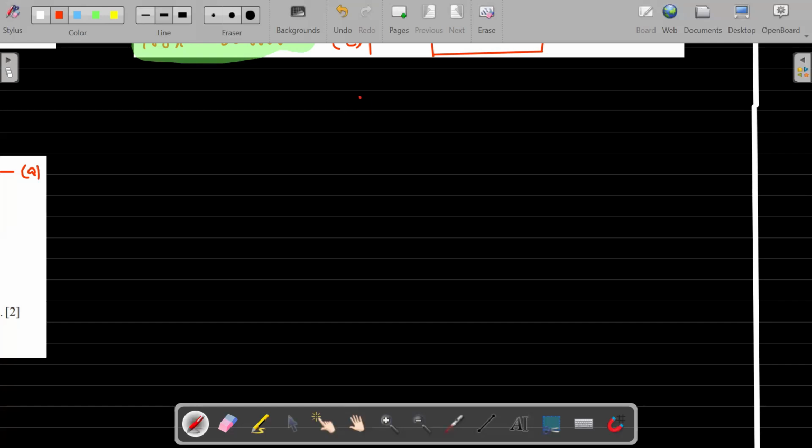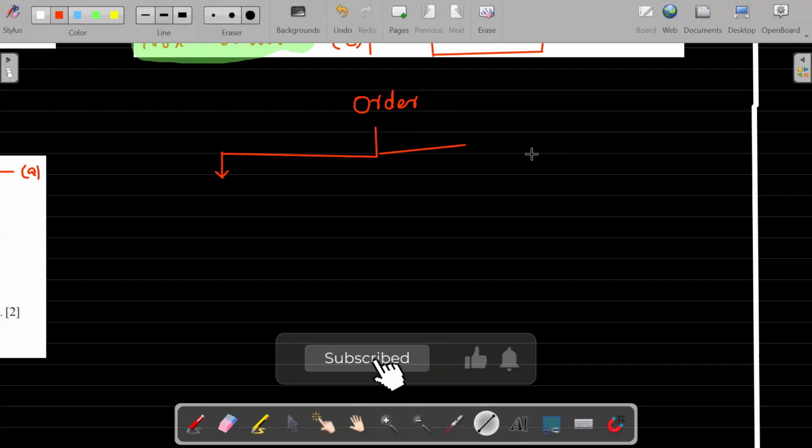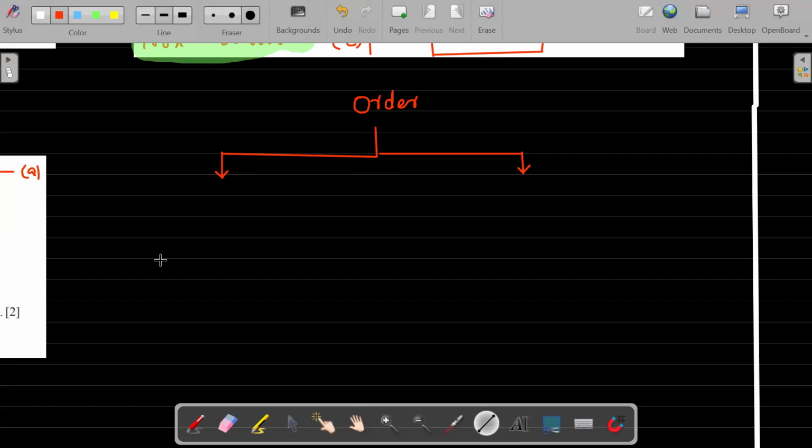Orders. There are two types of orders which we will be discussing in O Levels. These two are ascending order and descending order. Ascending order means starting from 0 to a higher level, like you are going upstairs.